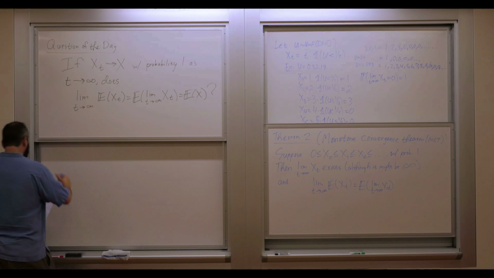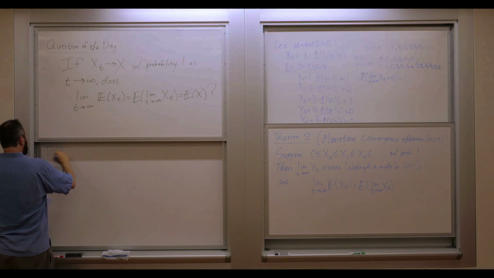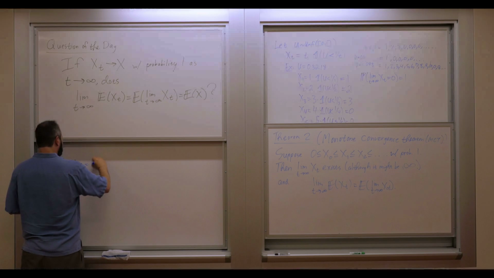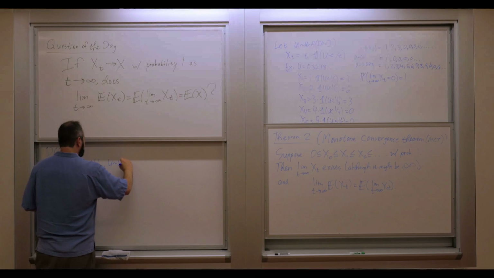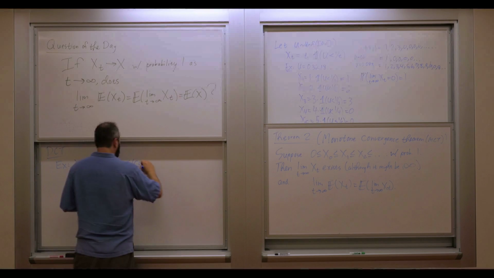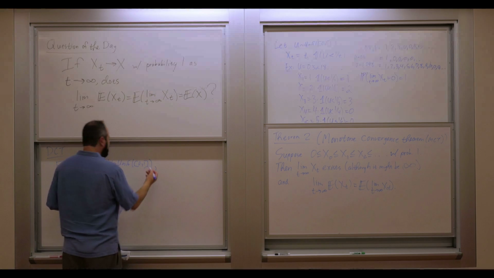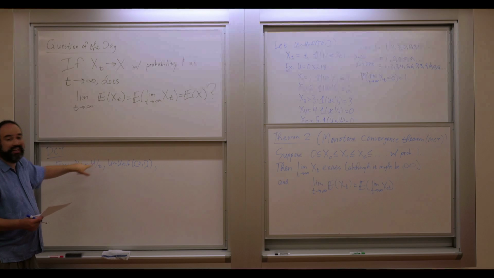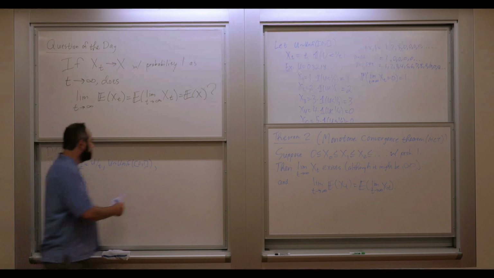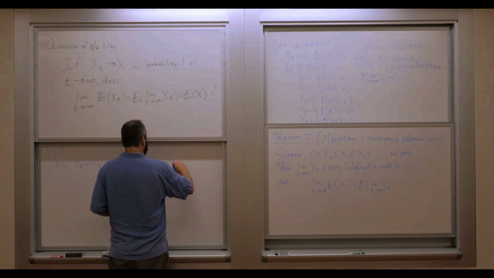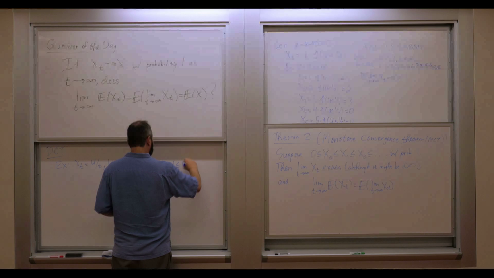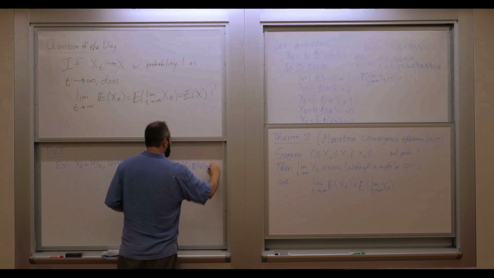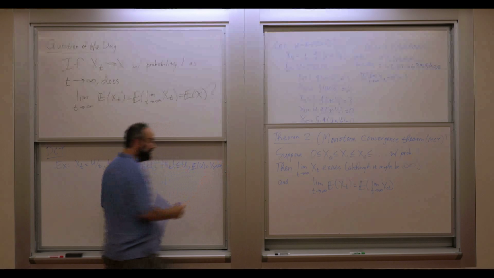For the dominated convergence theorem, we've already seen one example. If X of t is U over t, where U is uniform (0, 1), then we know that the absolute value of X of t is less than or equal to U, and the expected value of U, which is 1/2, is certainly finite.